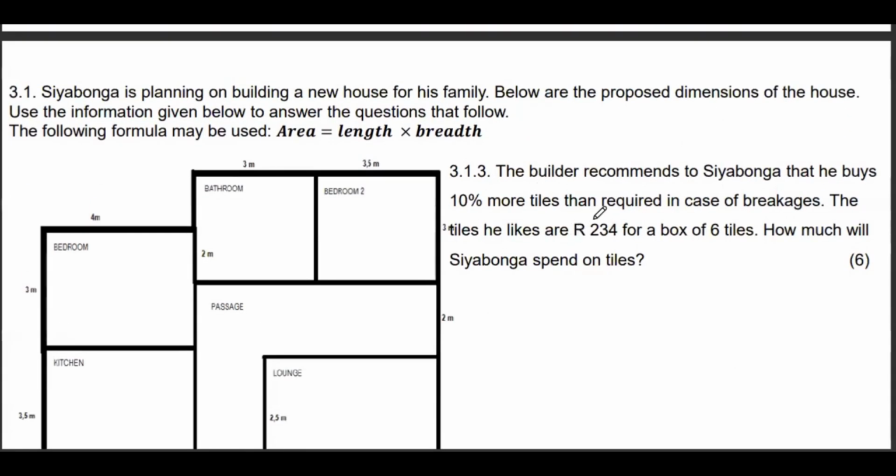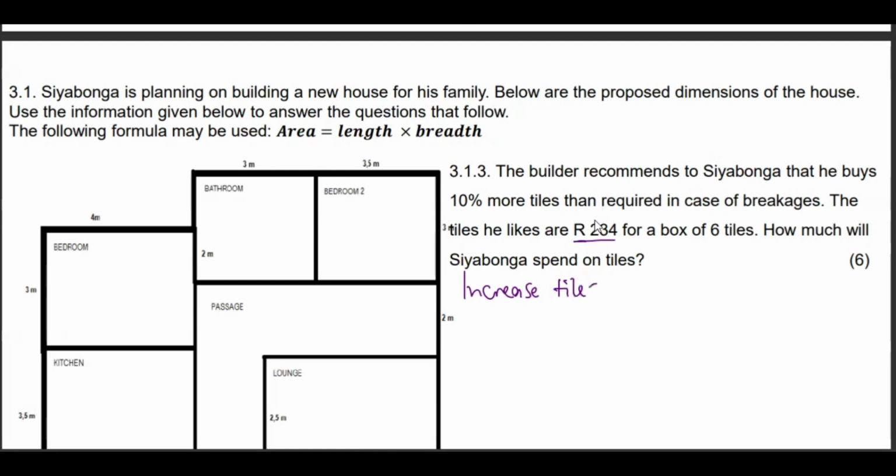The builder recommends to Siyabonga that he has to buy 10% more tiles than required in case of breakage. The tiles he likes cost 234 rands for a box of 6. How much will Siyabonga spend on tiles? Number one, you need to increase the tiles.